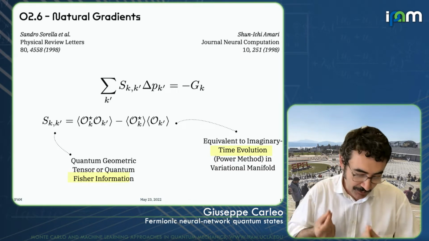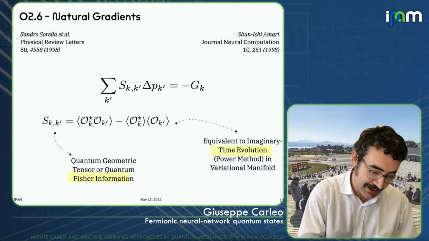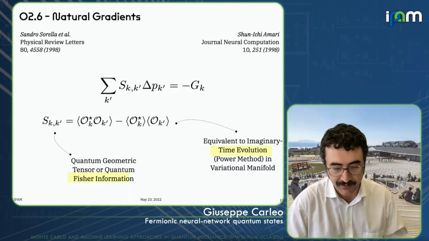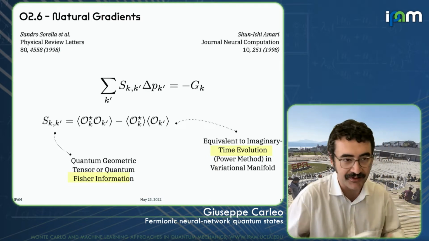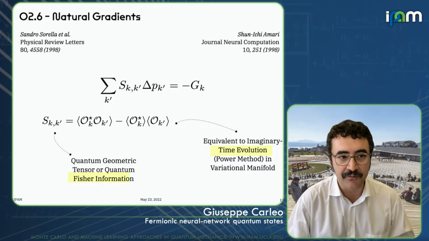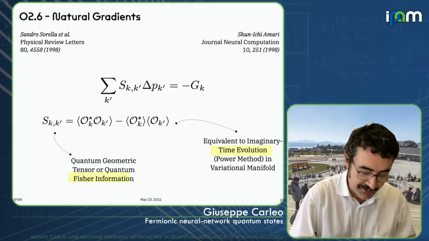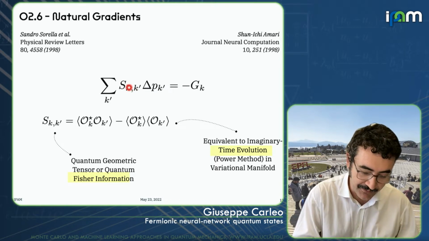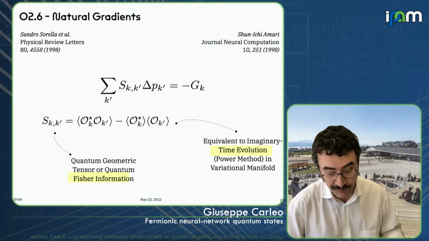I want to stress that at variance with more standard applications of machine learning, a crucial thing that we found particularly convenient is to use what is known in the neural network literature as the natural gradient, and in the quantum literature as the stochastic reconfiguration method by Sandro Sorella. This is just a way to precondition your gradient with the inverse of this matrix here, which is the quantum geometric tensor.